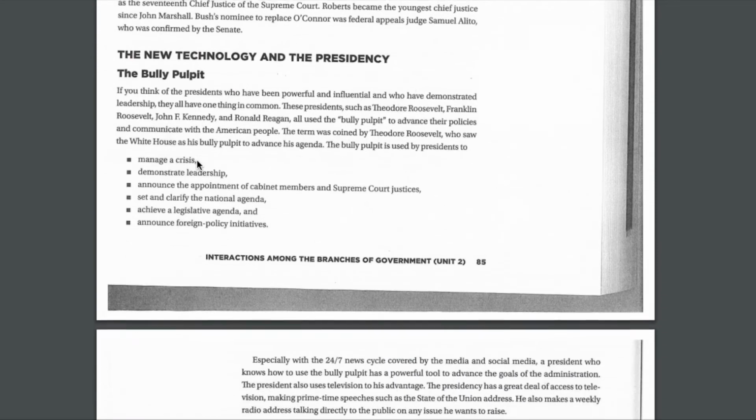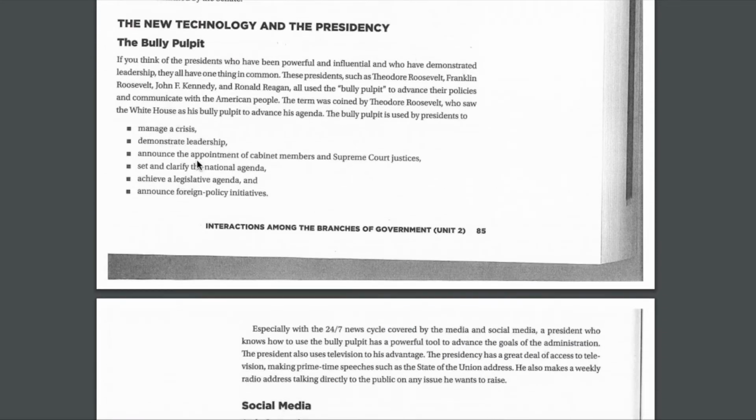One concept you could possibly talk about as well is the Bully Pulpit that the president uses. So this is the platform the president has to advance policies and communicate with the American people. If you say it out in public, it might push other individuals within government to get things done, whether it's foreign policy, managing a crisis, legislation, the agenda, the budget, or different judges or appointments that you're trying to make.